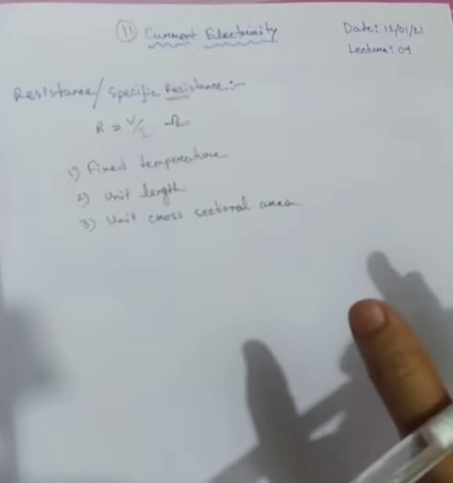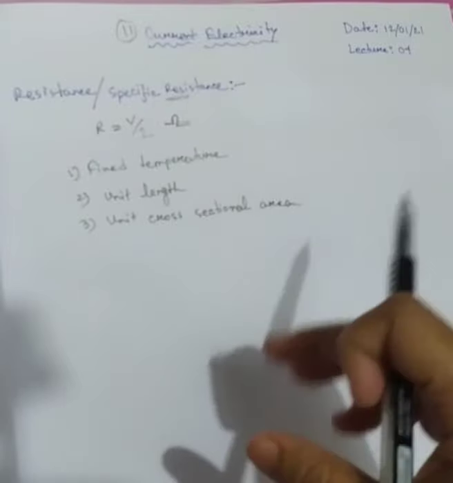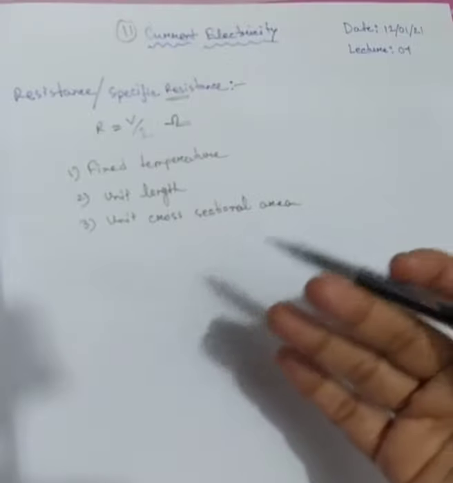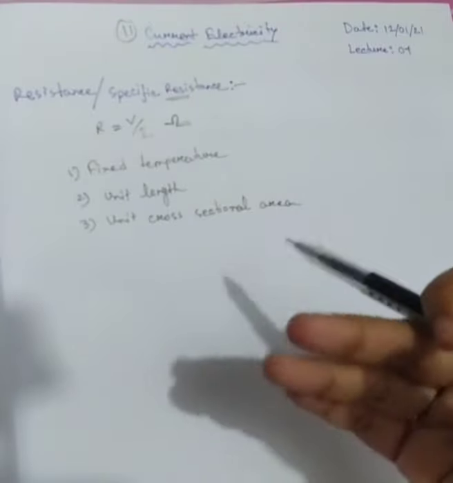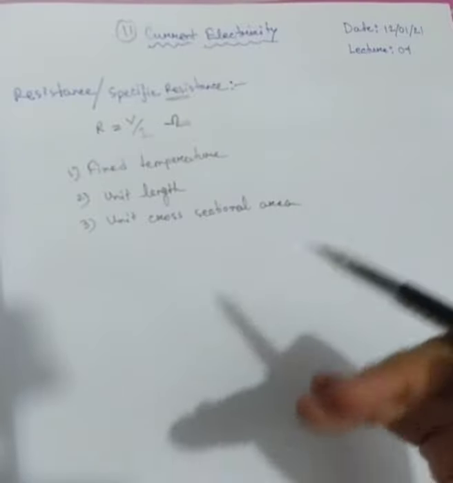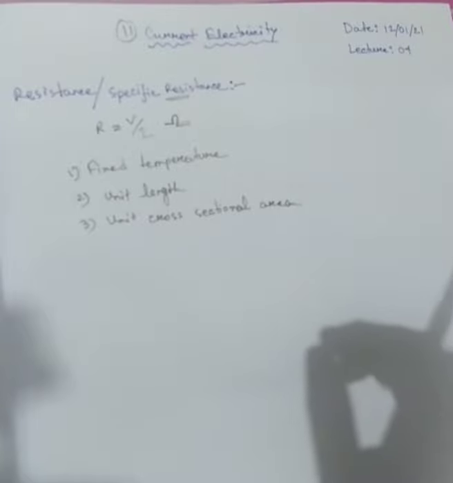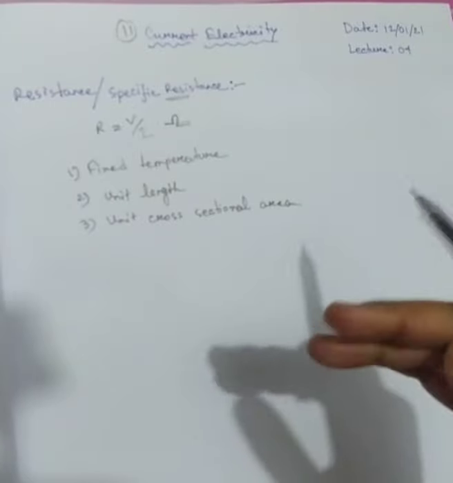We have mentioned an important thing here, that specific resistance is of the material of a conductor. Resistance is just a hindrance or blockage that is not involved with the material, but specific resistance is involved with the material of the conductor.